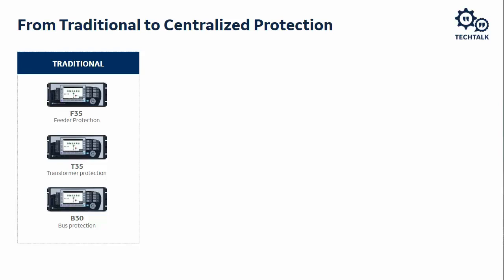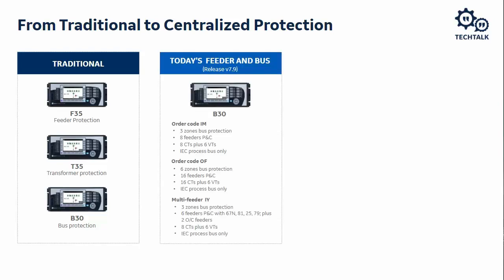So as of the version 7.9 release of the UR, we added some centralized protection software options to the B30 that it can be ordered with. Now, 7.9 firmware was released in December of 2019, so this has been around for a year. We find ourselves in December of 2020 finally.